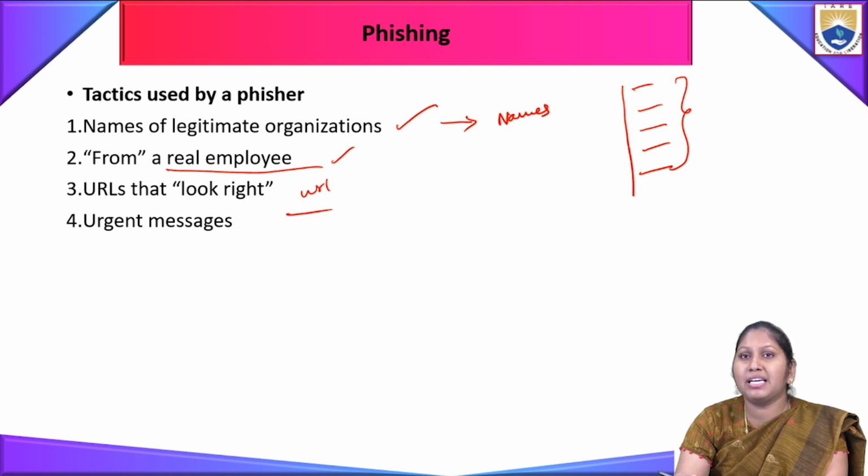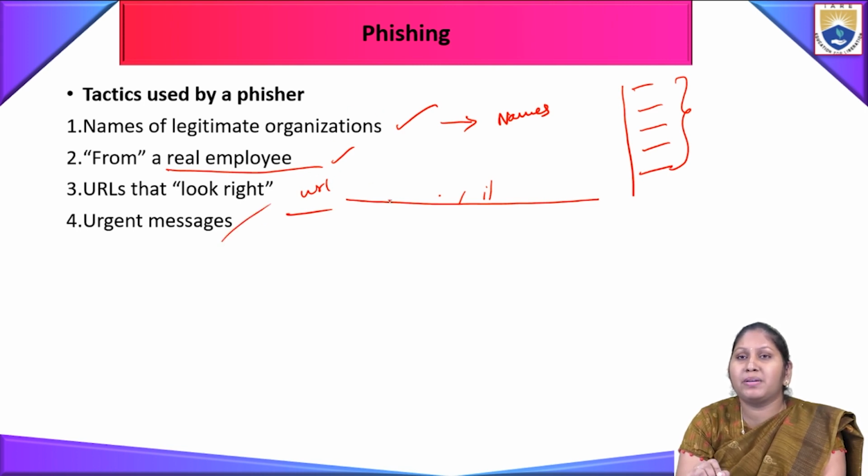From that particular employee, they'll collect the information. And URLs that look right: they'll try to make URLs that look exactly like the original URL, with only some difference, like a dot, slash, or some letter. Some difference will be there, but they look right. And urgent messages. So these are some tactics used by the phisher in phishing attacks.